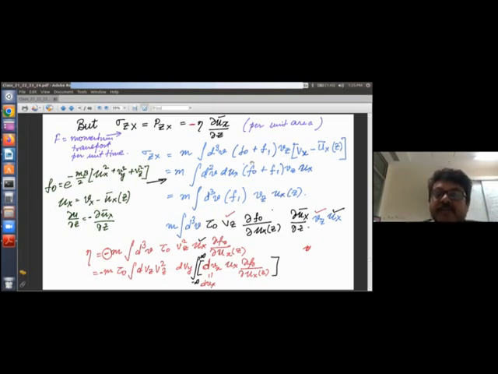So f0 plus f1 into vz, integral over d3v, is the number of particles moving across the surface area in the z direction, and it is carrying momentum m into vx minus u bar x in the positive or the negative z direction, depending upon how you look at it.